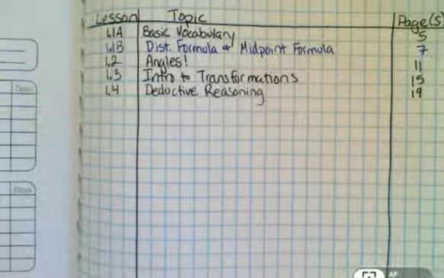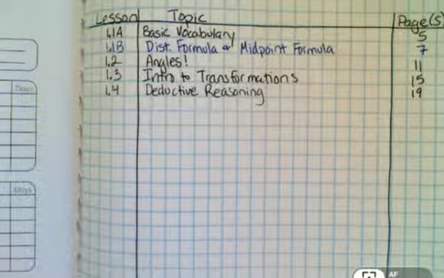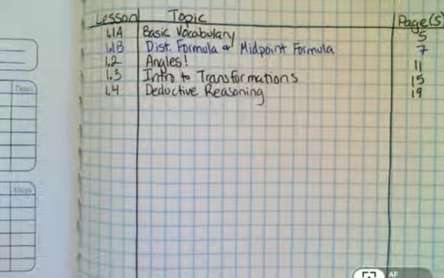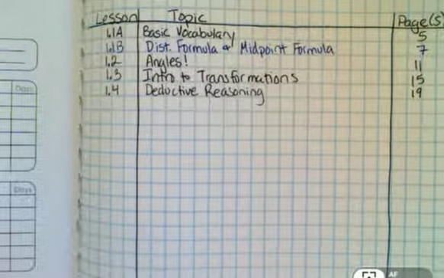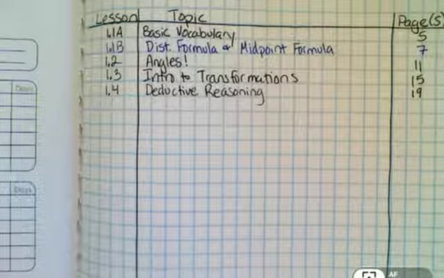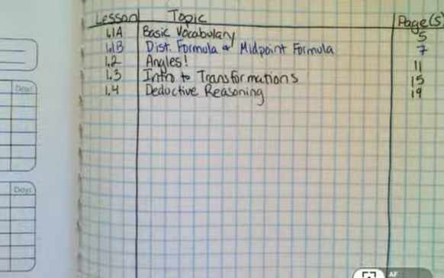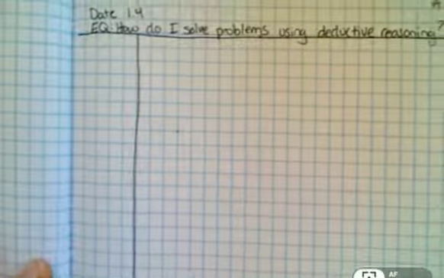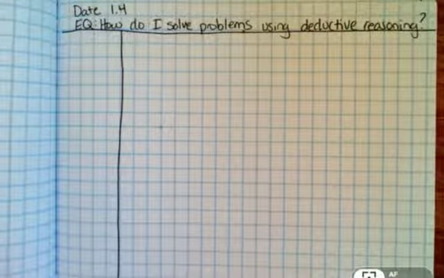And then in class, next class, we'll talk about the other vocabulary involved in this lesson. So after this video, you're not going to be able to do your entire homework assignment until we have that other conversation in class, just so you know. So go ahead and turn to your new page, and this is how to set it up.